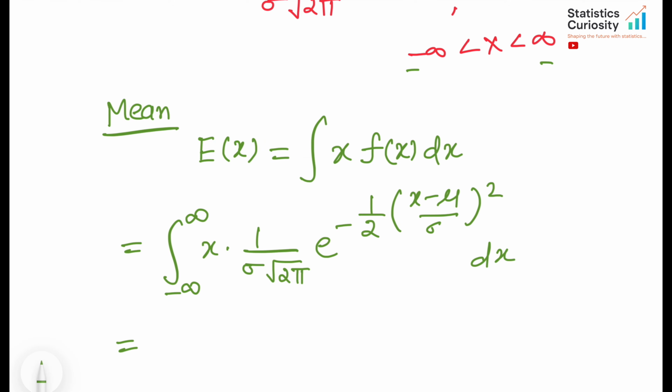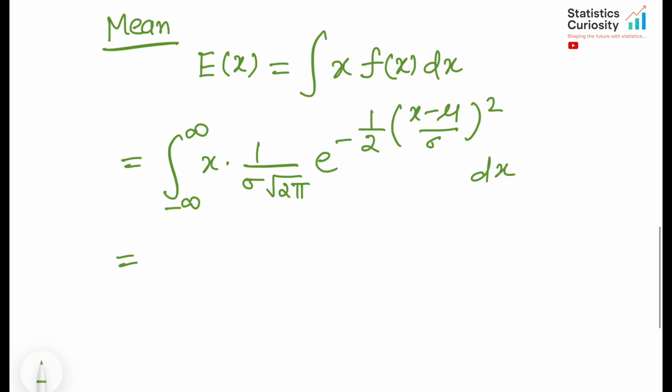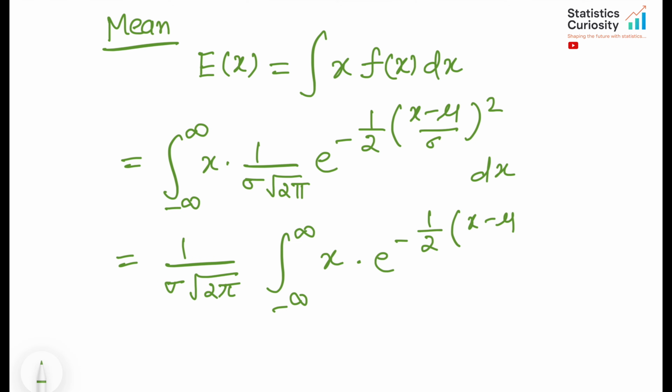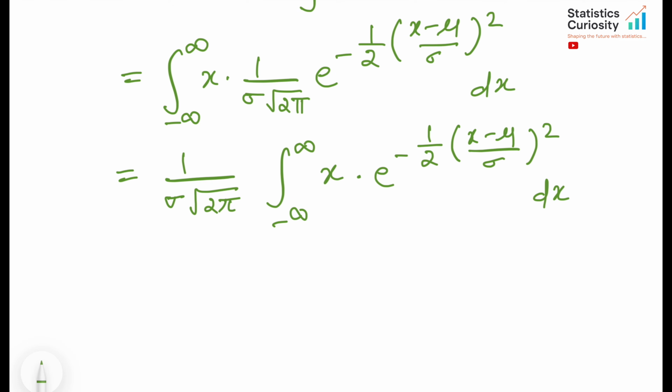Okay, since this 1 upon sigma root 2 pi is a constant, you can keep it outside the integration. And then the integral from minus infinity to infinity of x times e raised to the power minus 1 by 2, (x minus mu divided by sigma) whole squared, dx. Okay, so this is quite a complicated integration. To make it easy, we will assume (x minus mu) upon sigma as z. However, this is an entirely different variate called the standard normal variate, and if you tell me, I will create a separate video on this.